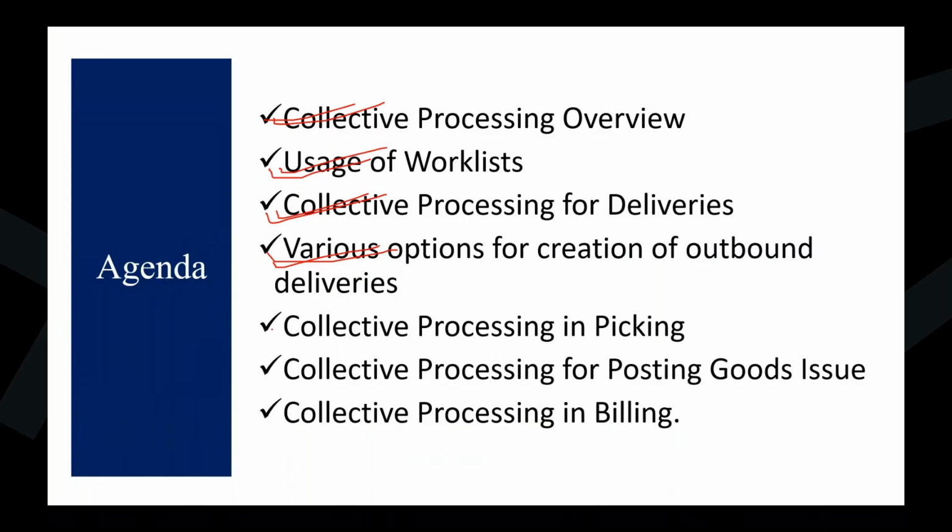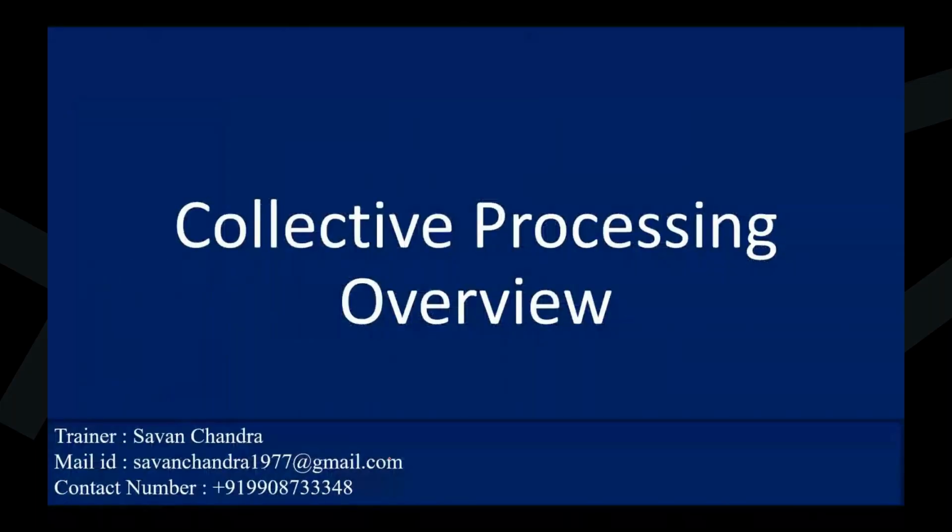Then collective processing in picking, in post goods issue, and in billing. All these topics we'll be covering today. First we will start with the collective processing overview, basically what is collective processing and why it is used.